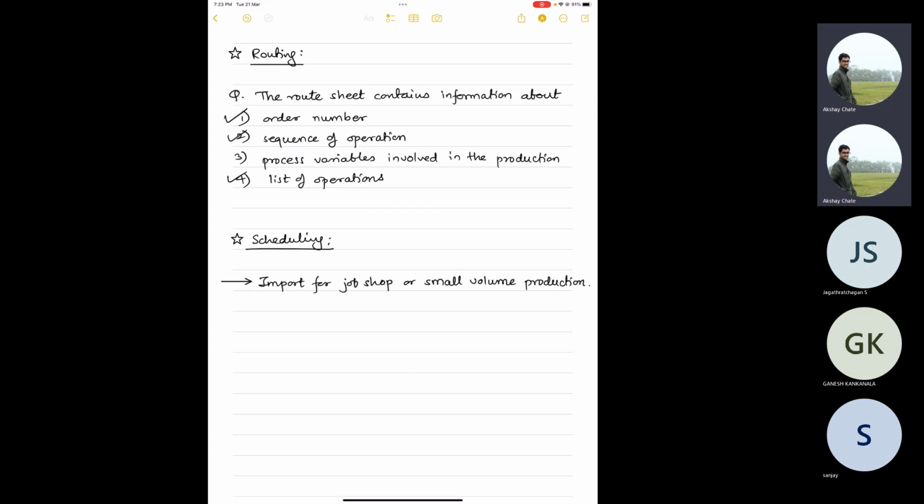If you have mass production or a batch type of production, scheduling may not be that important, because in mass production your sequence of operations is fixed, and the sequence of machines is fixed. So in mass production, the important parameter that drives your production efficiency, or the capacity utilization, is line balancing. We had talked about it in the previous class somewhere.